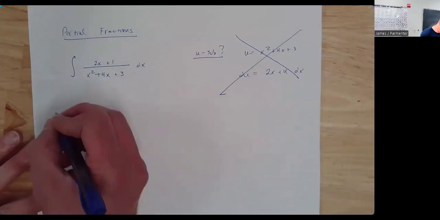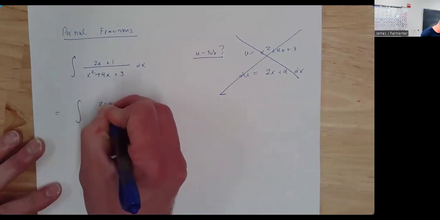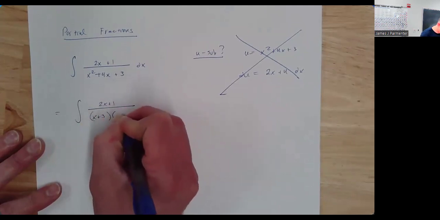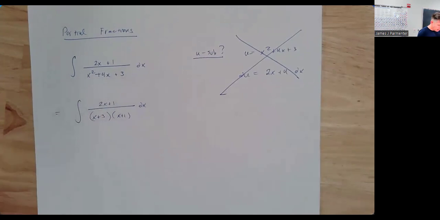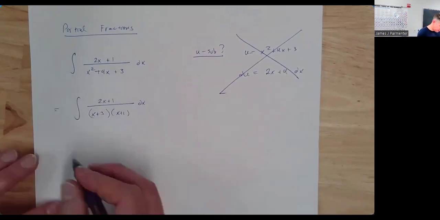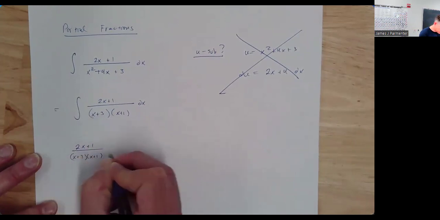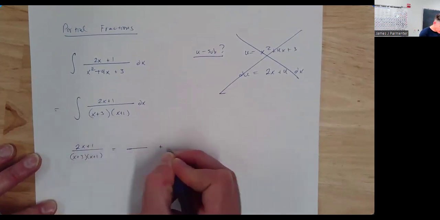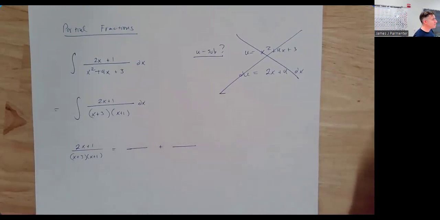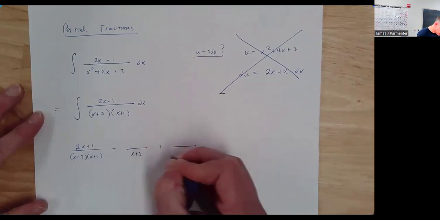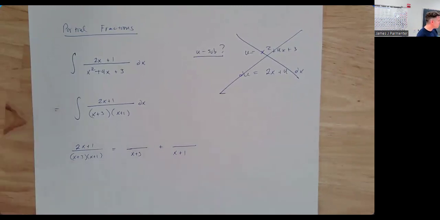So we're going to rewrite this as the integral of 2x plus 1 over x plus 3 times x plus 1. And then our job is to write this fraction, 2x plus 1 over x plus 3 times x plus 1, as the sum of two fractions with less complicated denominators. Specifically, the denominators that are the factors, x plus 3 and x plus 1.